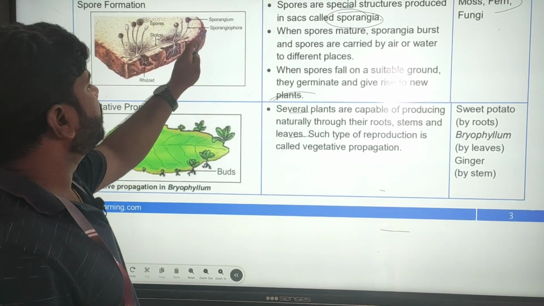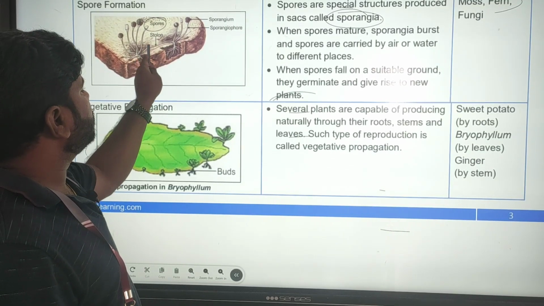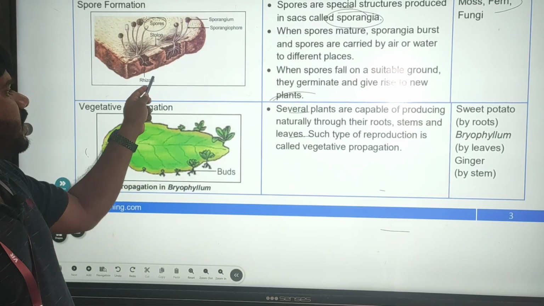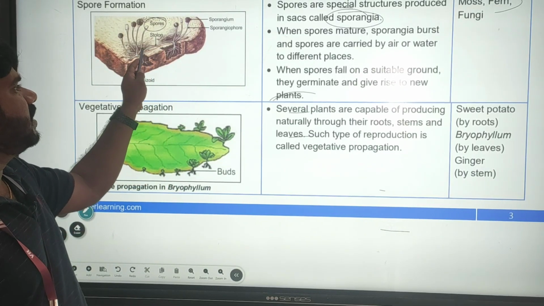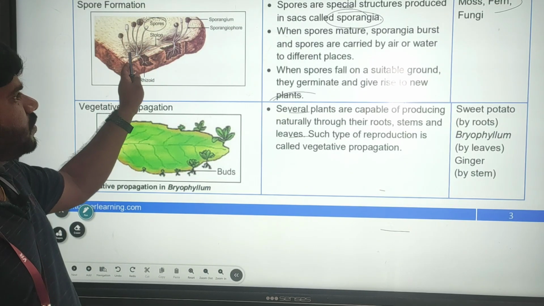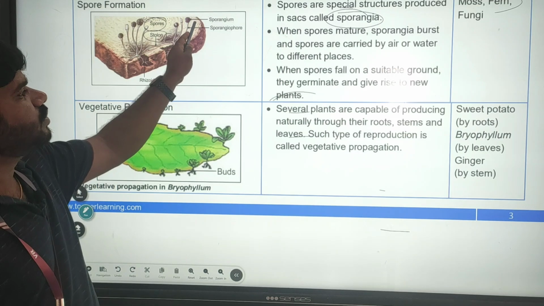You can see it is producing spores. The rhizoids start from the Rhizopus, and there is what is called a stolon.